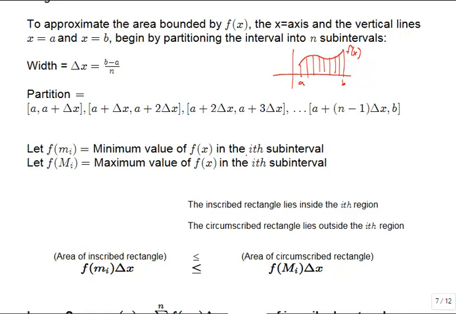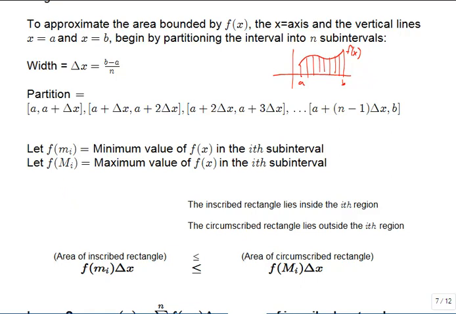So in our last couple of examples with that 4 minus x squared, the left endpoint gave us the maximum and the right endpoint gave us the minimum. But that could vary depending on your particular function, whether it's the left or the right or maybe even something in between.